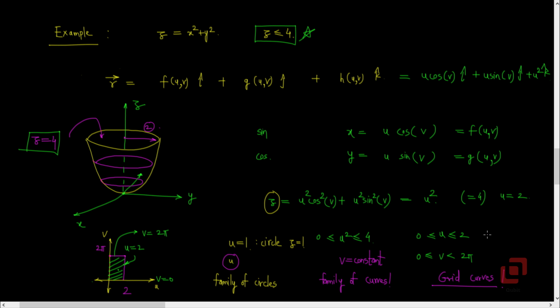So let us quickly summarize everything that we have discussed in this particular example. We were given an equation of a paraboloid with the condition that z is less than or equal to 4. We started off with the definition of the parametric surface as usual.